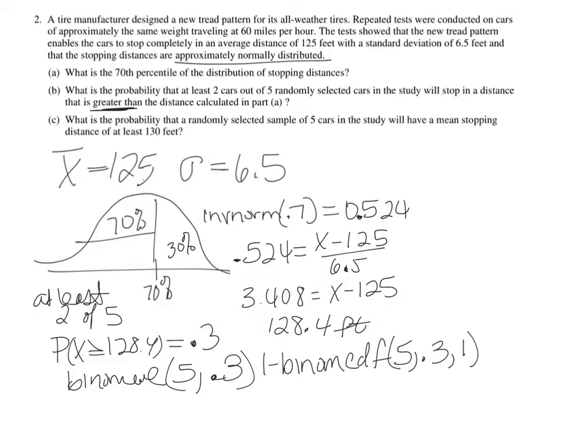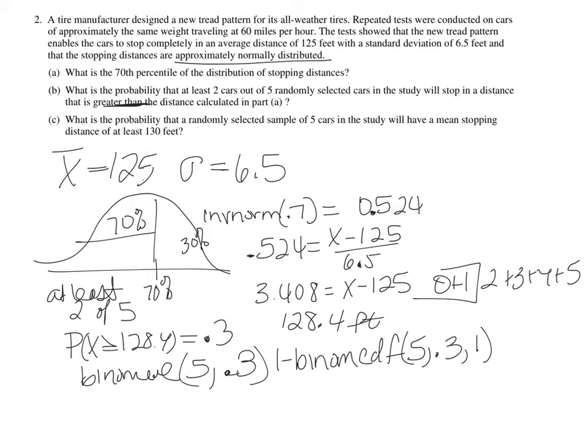Because remember, if I want at least 2, that means 2 plus 3 plus 4 plus 5. And so I need to do 1 minus the probability of the 0 and 1 to get those probabilities. And that equals 0.472.